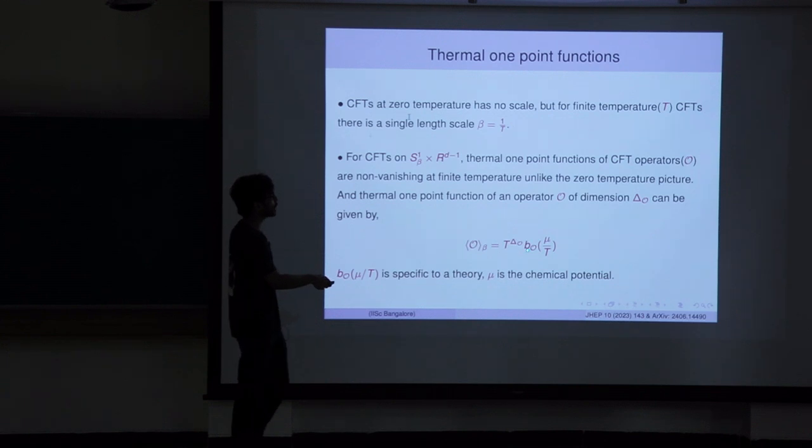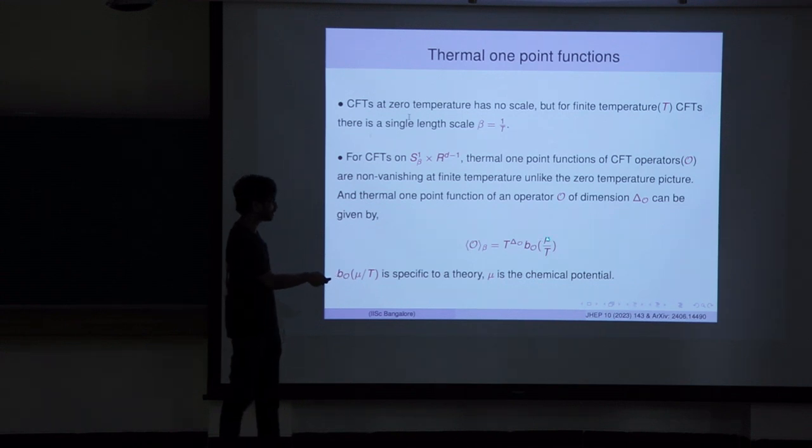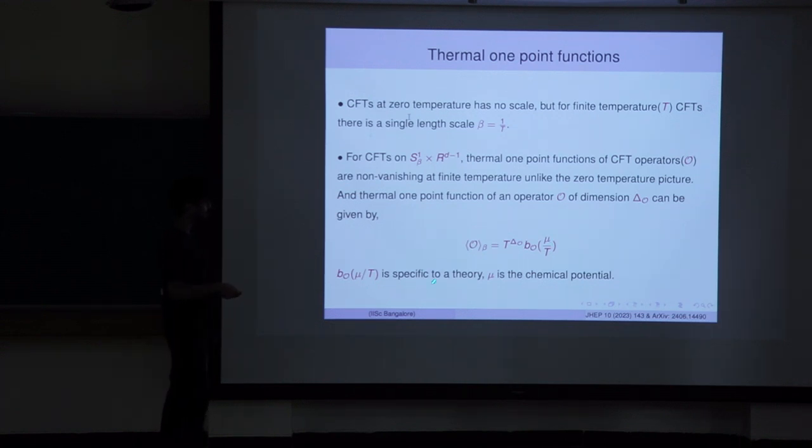Thus b_O can be a function of mu by T, the dimensionless ratio of the chemical potential mu divided by the temperature T. This structure is generic for any finite temperature CFT, and b_O contains the theory-specific information.